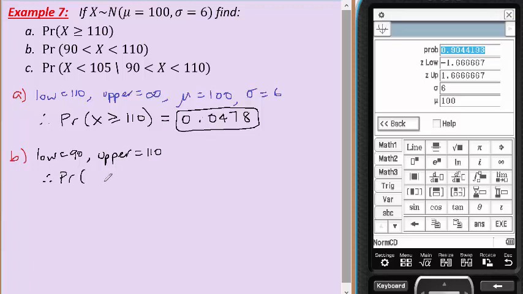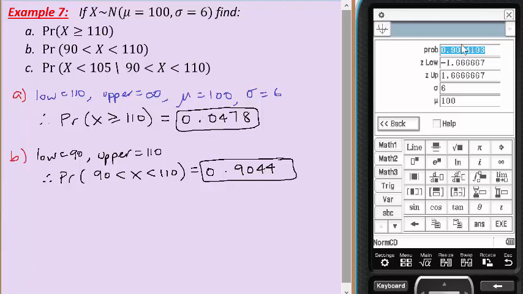Therefore, the probability that x is between 90 and 110 is 0.9044. And our final probability, what's the probability that x is less than 105 given that x is between 90 and 110?